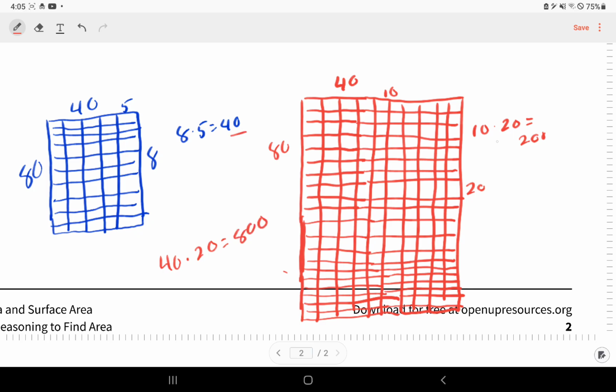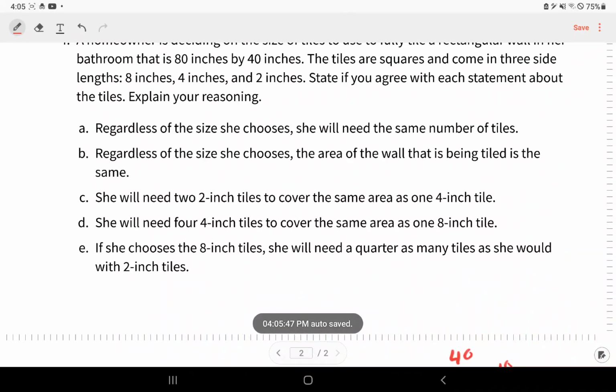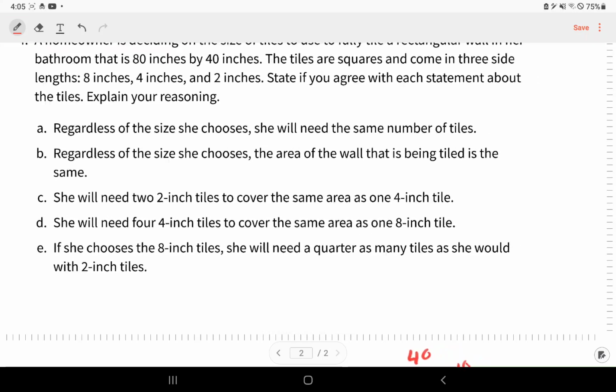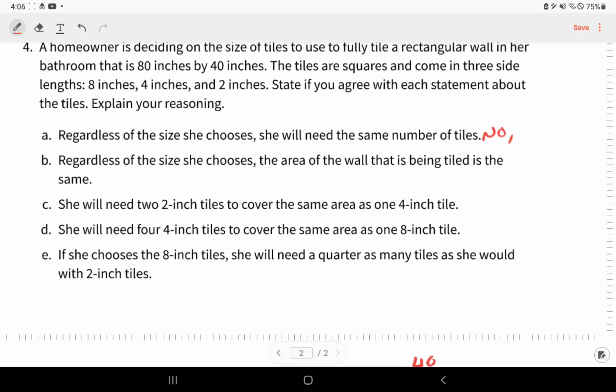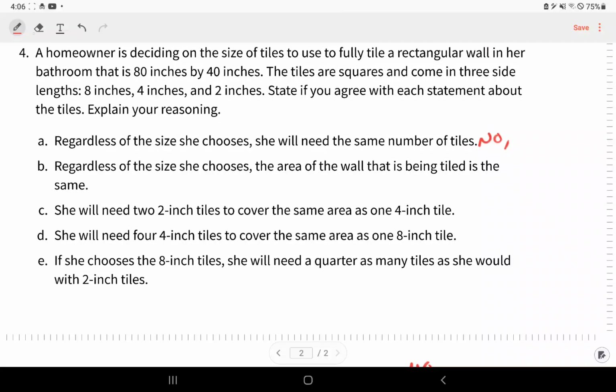Well, 40, 200, and 800 are not the same. And so, no. Agree or disagree, so disagree.